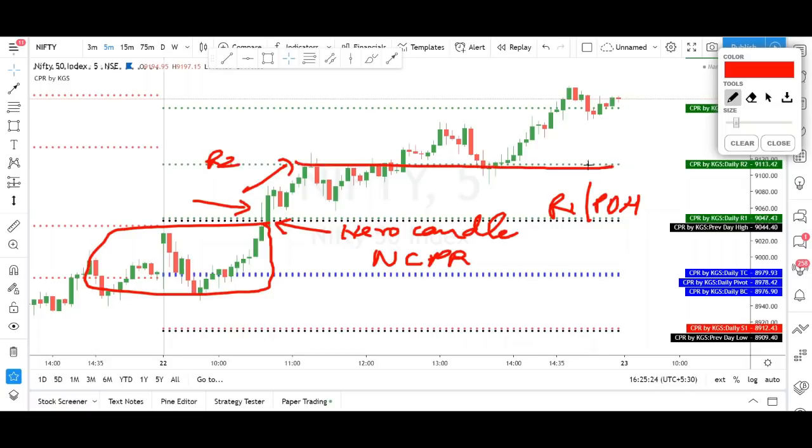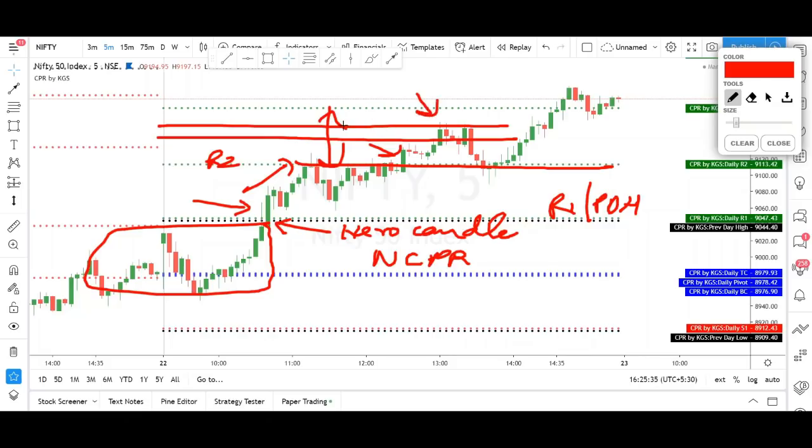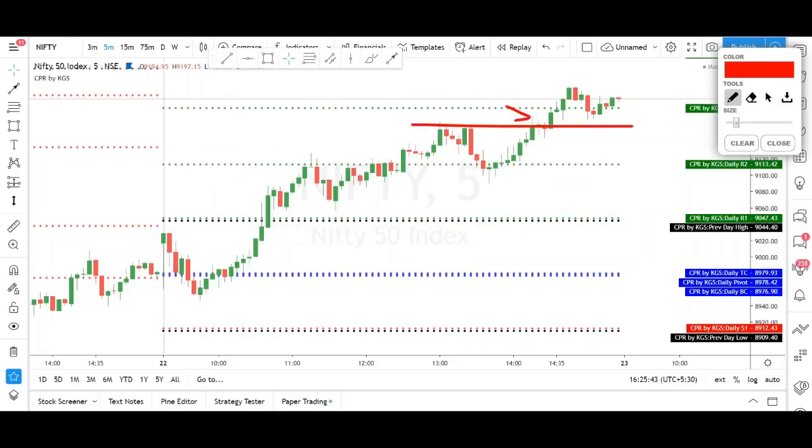Now again R2 is getting broken. Target reached. You can take the 75% level. Again the day high is getting broken. Again the market is going up. So this is how it works.